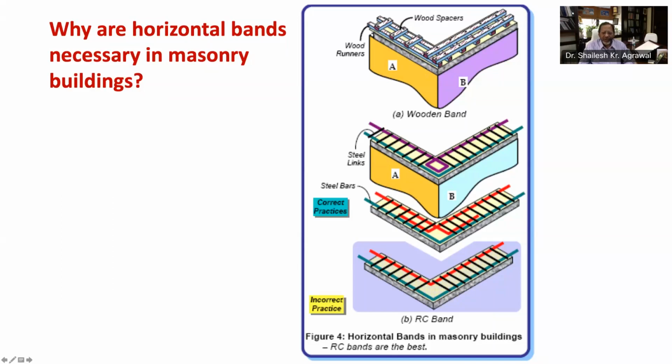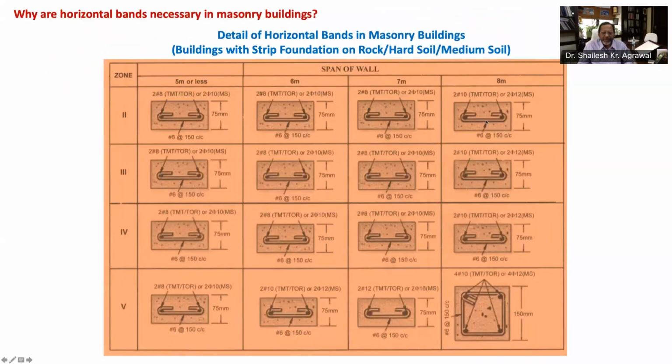In case of RC bands, the minimum thickness is 75 mm, and at least two bars of 8 mm dia are required, tied across with steel links of at least 6 mm dia at a spacing 150 center to center.